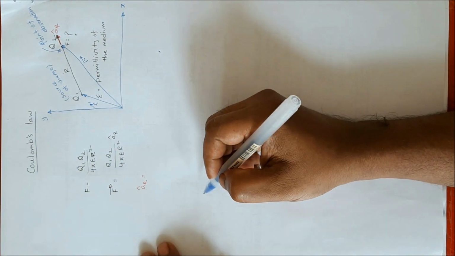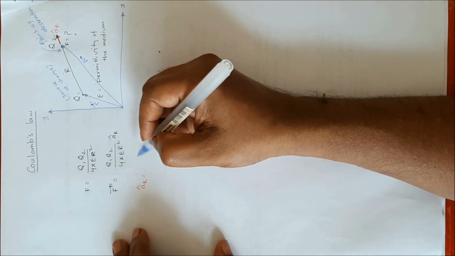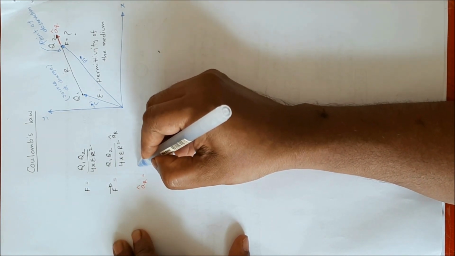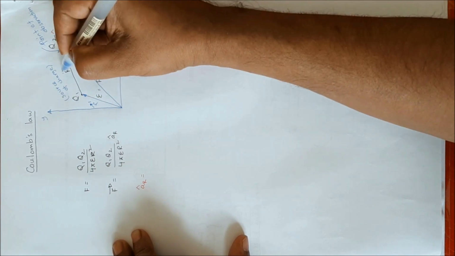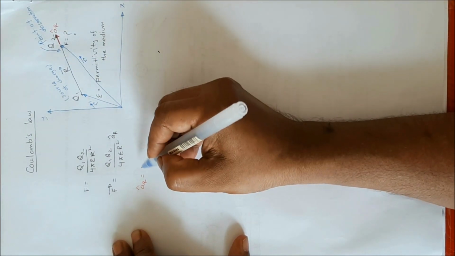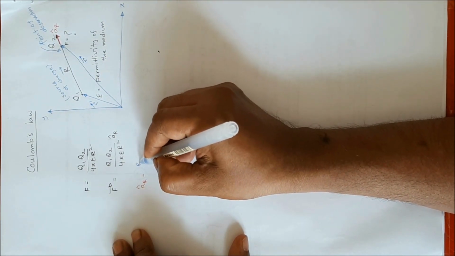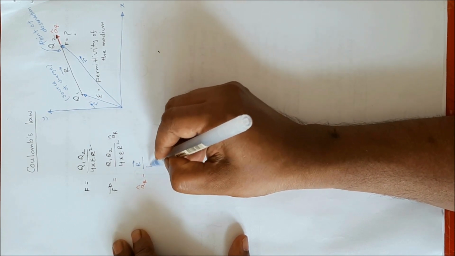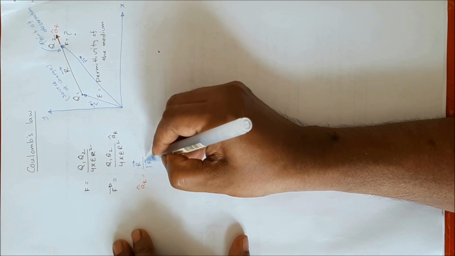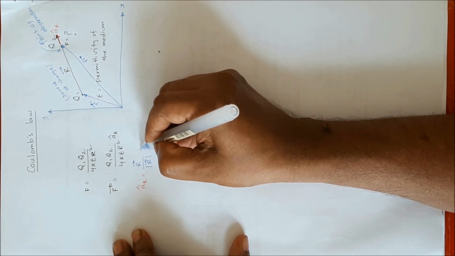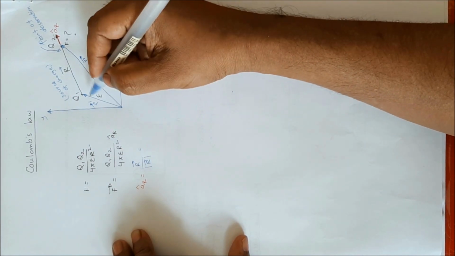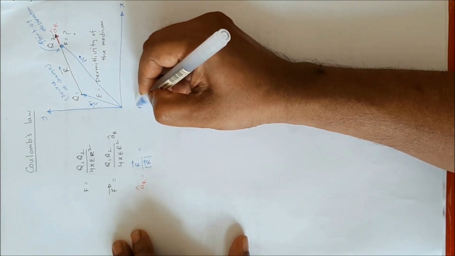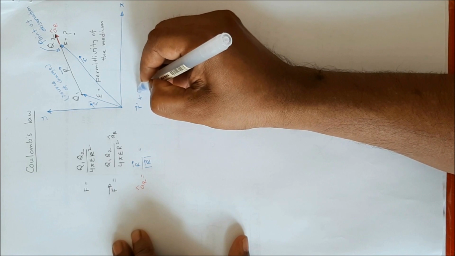The position vector from the origin to Q2 is r. Therefore a_R will be the vector R, the distance vector between Q1 and Q2, over the magnitude of this distance. So you can find the unit vector, and then we replace R with the position vectors r and r prime.